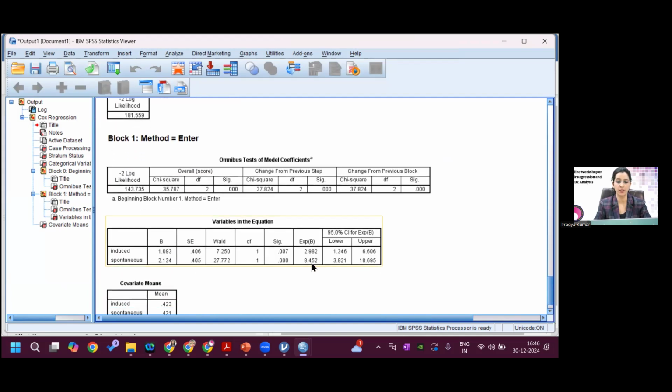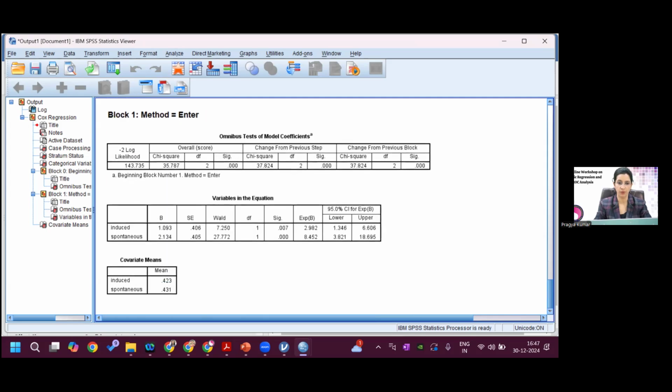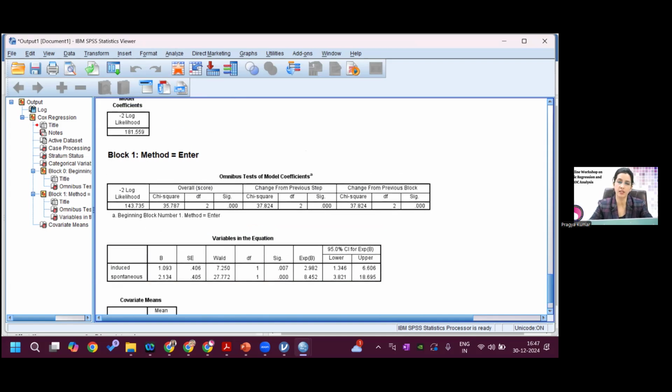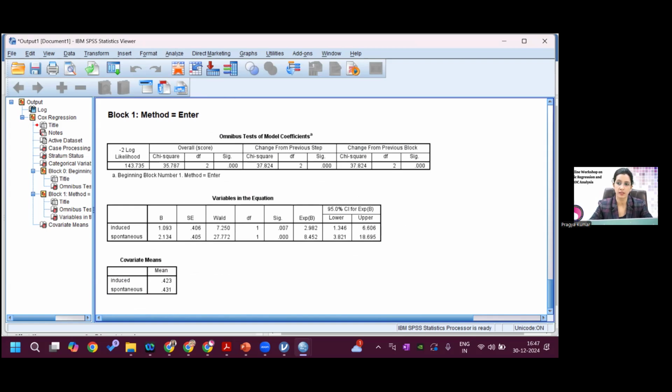So this exponent tells you the odds, or rather it is not the odds, basically this is the hazard. So it tells that there are 2.9 times in the induced as compared to the no. And here also spontaneous is 2.9 times. So it is the odds ratio only, 2.9 times, and here it is 8.4 times. So just to say that this conditional logistic regression, we go through SPSS with the option of Cox regression.